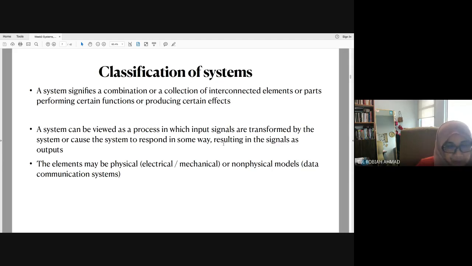Just now, input 1 produced output 1, and this output 1 of system 1 was the input of system 2. The elements may be physical, so in this case sound converted into electrical, or mechanical, maybe a pressure converted into electrical, or non-physical models, for example, like data communication.